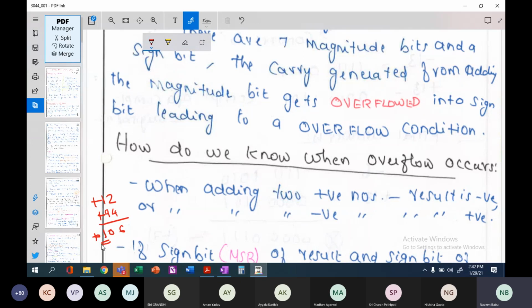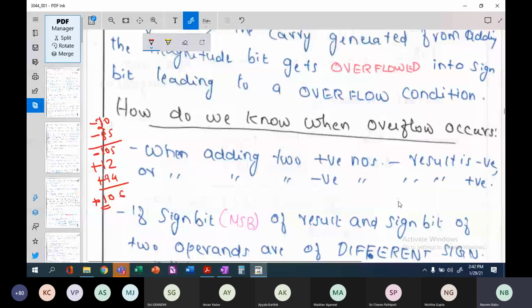Similarly, if you are doing minus 20 and minus 85, again the sign bit is getting altered here because the result will be 105. I need to have a negative, but this one will come as a carry which will alter your value. Hence the overflow occurs when you are adding two positive numbers and your result is a negative number.